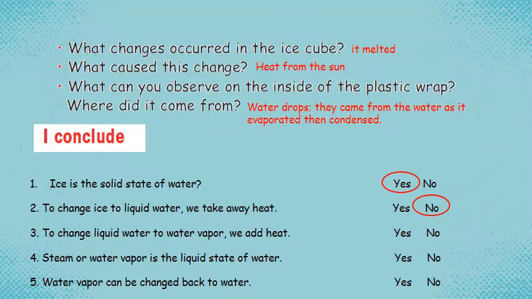Of course, yes, we add heat because when we add heat to water, it boils and water vapor is formed. Number four, steam or water vapor is the liquid state of water? No. Water is the liquid state, and steam or water vapor is the gas state of water, so no. Number five, water vapor can be changed back to water. Yes, water vapor can be changed back to water.